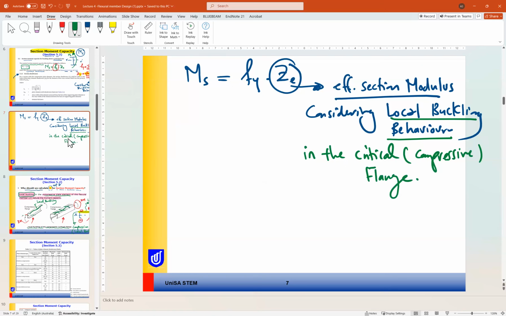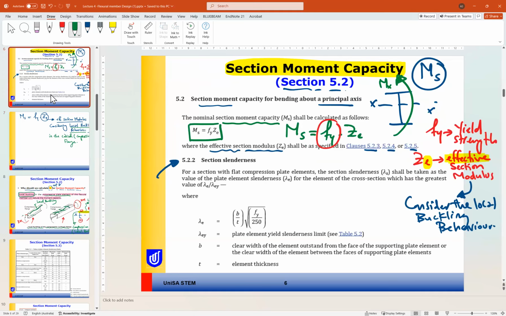Okay, how can we find Z effective? This is our next step. To find Z effective, we need to find the section slenderness. So the section slenderness, lambda S or lambda effective, shall be taken as the value of the plate slenderness, lambda e, for the element of the cross section which has the greatest value of lambda e divided by lambda ey.